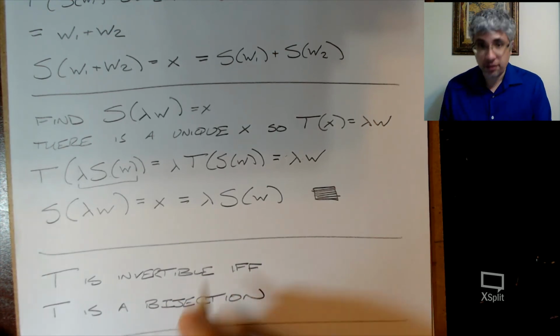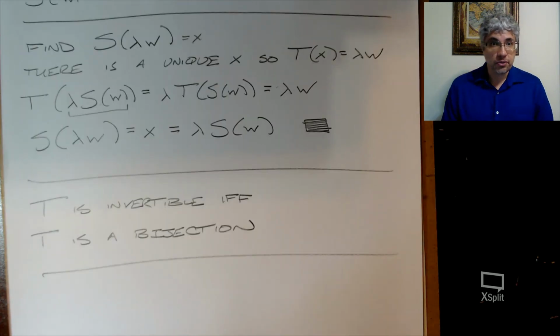This is for linear transformations, because that's what we're discussing. So a linear transformation is invertible if and only if it is both injective and also surjective. And it's an if and only if, so as long as you have a bijection that happens to be a linear transformation, you know it has an inverse. And that completes this important proof.